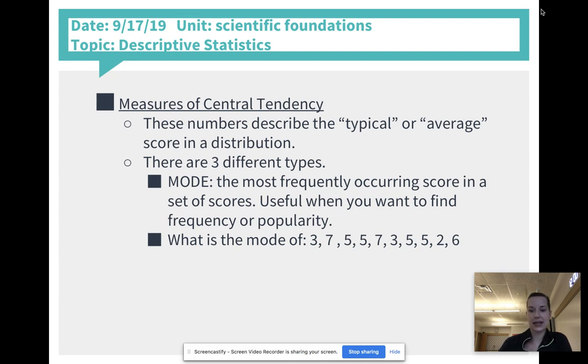So we have a data set here, and I want you to take a minute and look at your data set and figure out what is the mode, what is the most common score in this data set. Okay, so if you said 5, ding, ding, ding, you are correct. Nice job.